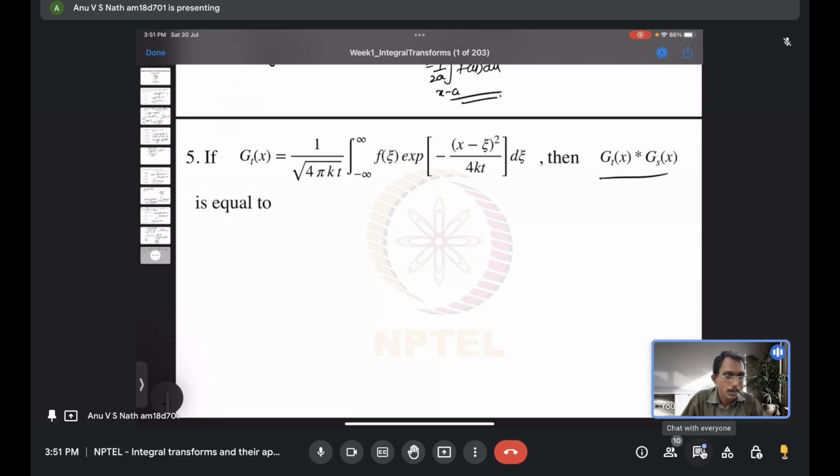How to take the convolution? How will you write the integral expression for this convolution? I meant in terms of the function g. It's like convolution of g with g itself, but a lot of parameters are there, t, s and x. How will you write it?